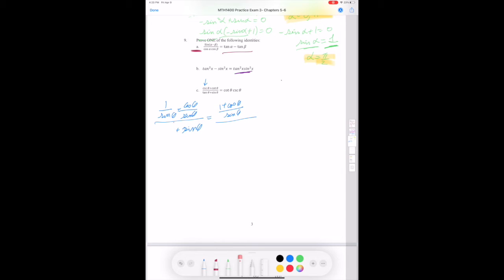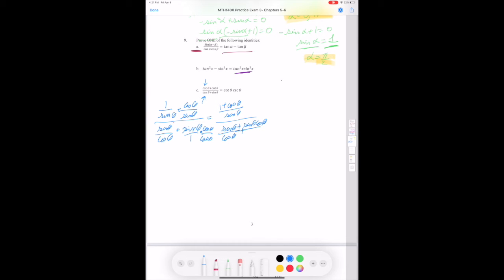Tangent of theta is sine of theta over cosine theta. So I have sine theta over cosine theta plus, if I was to write this, I'd need to multiply it by cosine in the numerator and the denominator. So I have plus sine theta cosine theta.